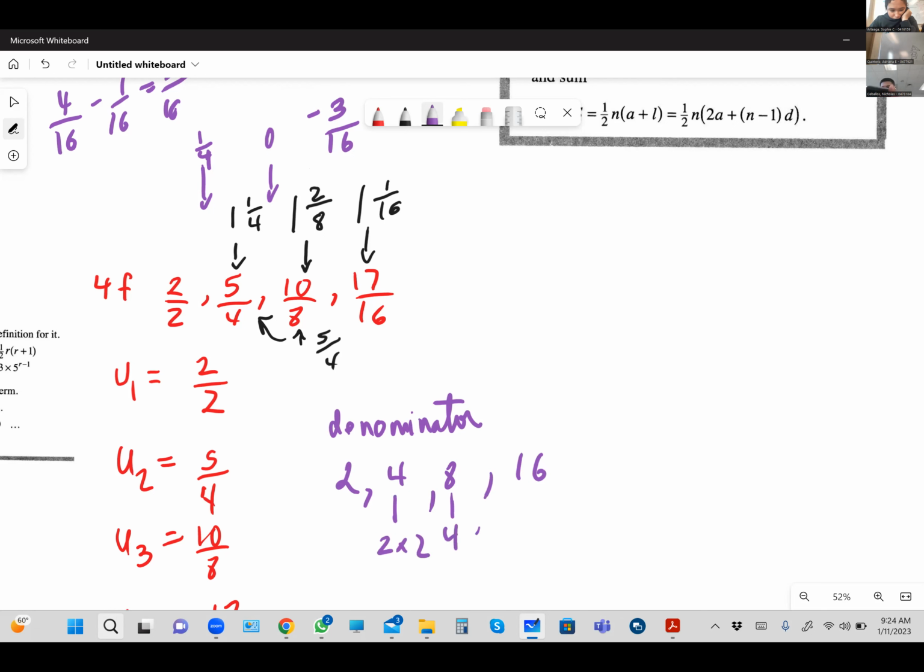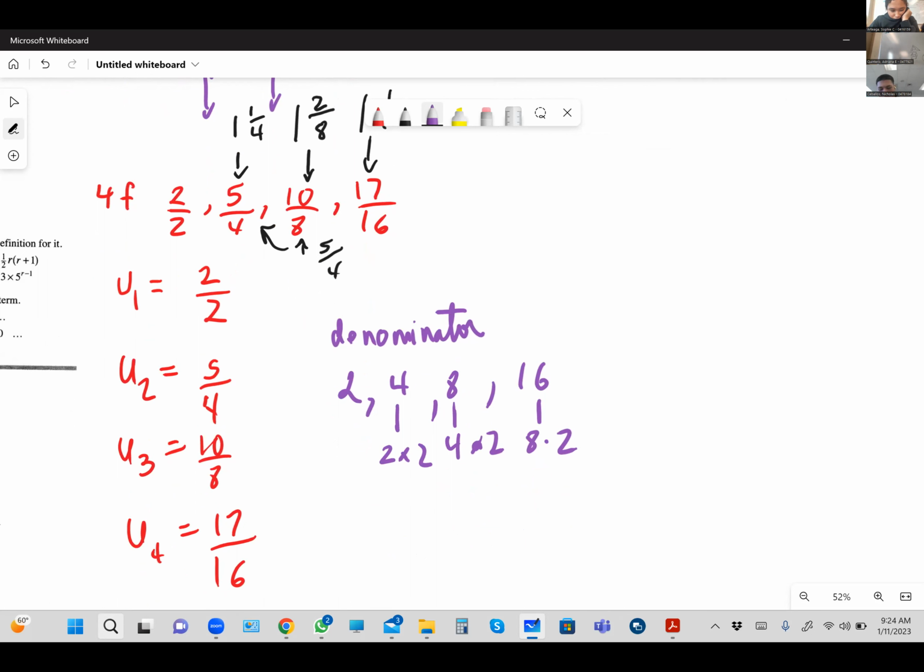This is 4 times 2. And this is 8 times 2. Right? So for use of 1, this is use of 2. So I guess you could say, let me just say R equals 1 here, 2 here, 3 here, and 4 here.